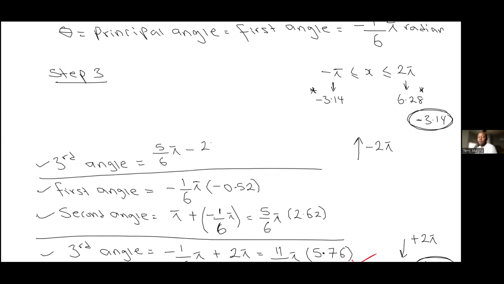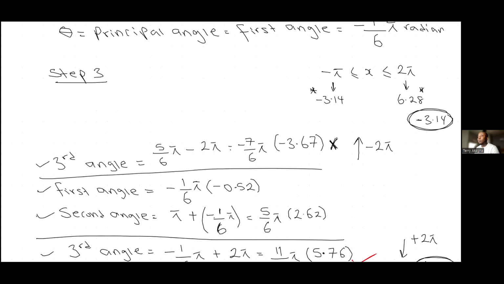And when you press your calculator, it's going to give you minus 7 over 6 pi, which is the same thing as saying minus 3.67. Minus 3.67 is already beyond minus 3.142, so you just have to stop. But just for completeness, I'm going to get a fourth angle.